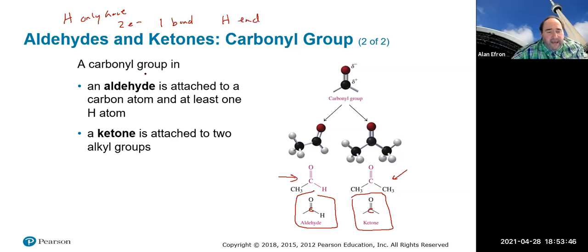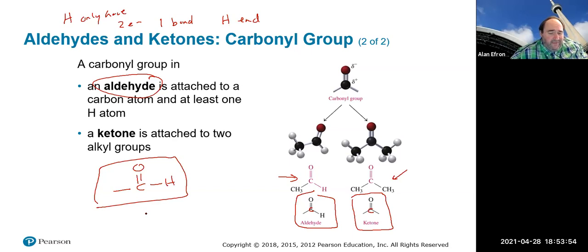And because the aldehyde functional group has that hydrogen, this group will always be at the end of the molecule. It can never find itself in the middle, because if you put it in the middle, hydrogen then has way too many bonds. You'll never find the aldehyde group in the middle.